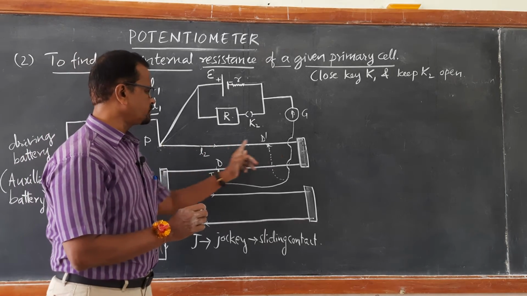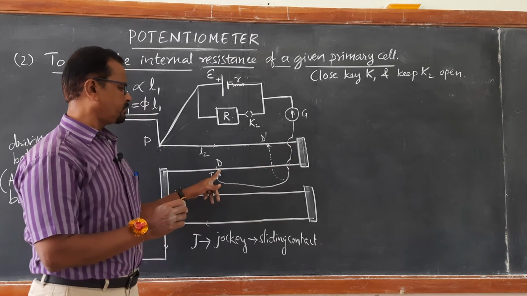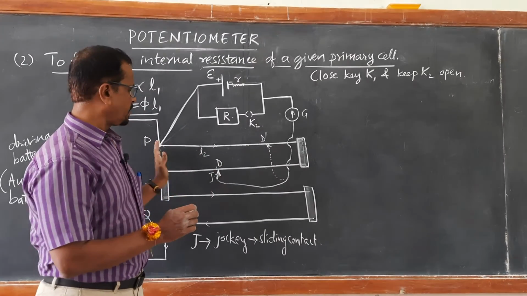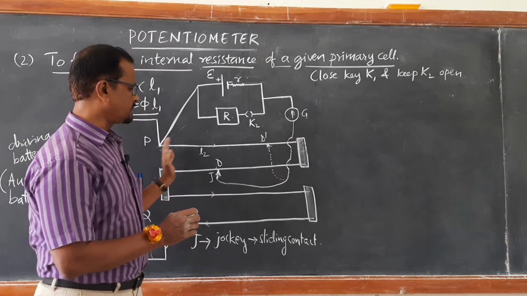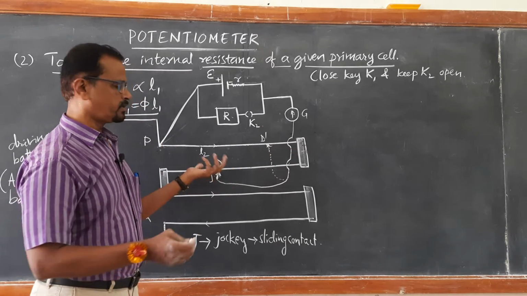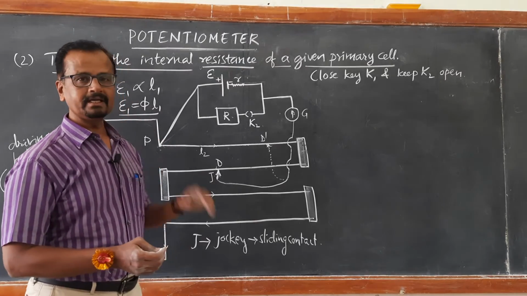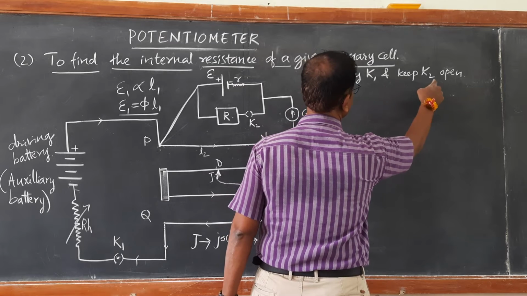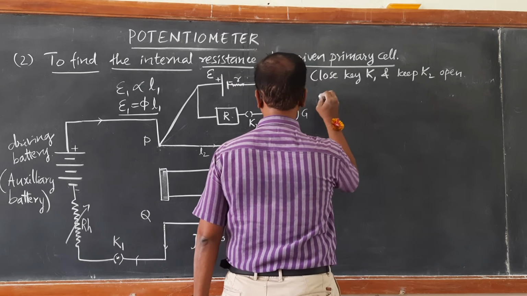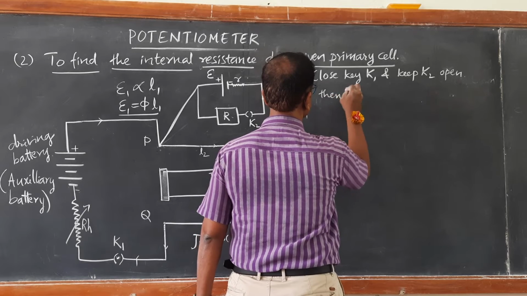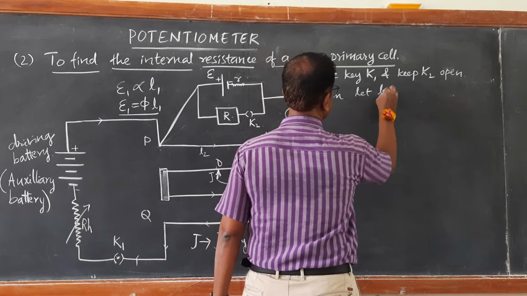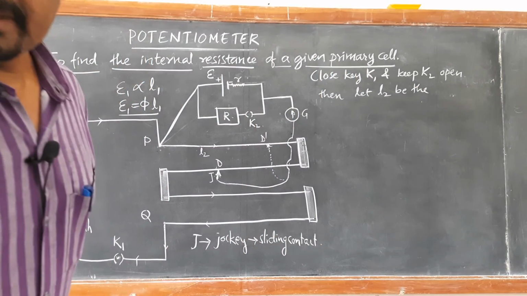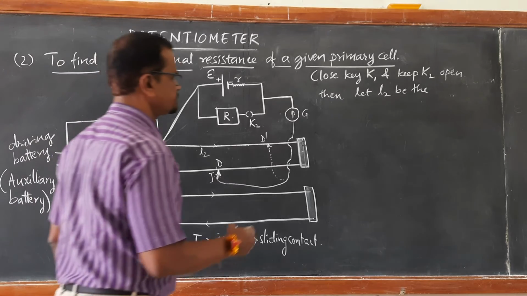Let us say it is 100 and something as we have measured earlier. So keep K1 closed and K2 open. Then let L2 be the balancing length.